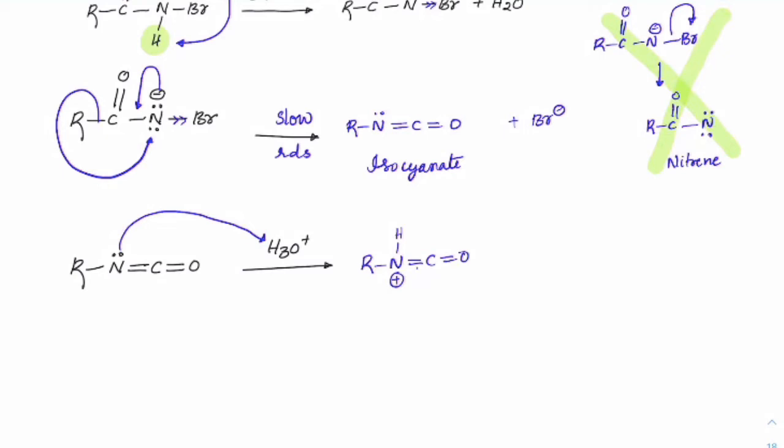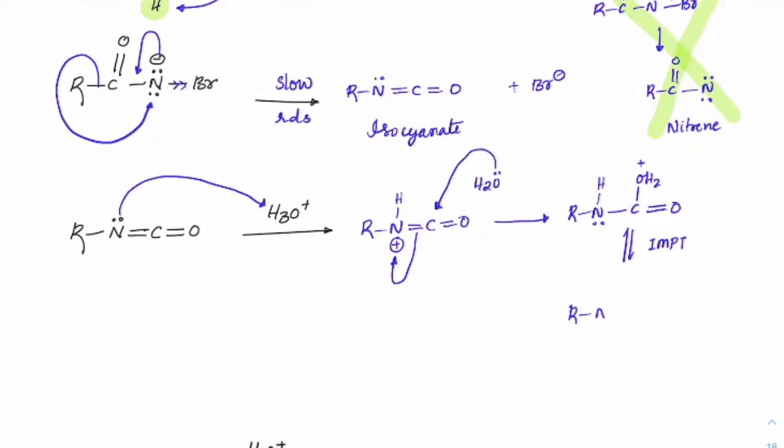As soon as we get that, it will pull away its electrons, which means the nucleophile water will attack on carbon, and we will get RNH with OH2 plus and double bond O. The lone pair on nitrogen will take the proton transfer here, and you will get RNH with COH and double bond O plus.